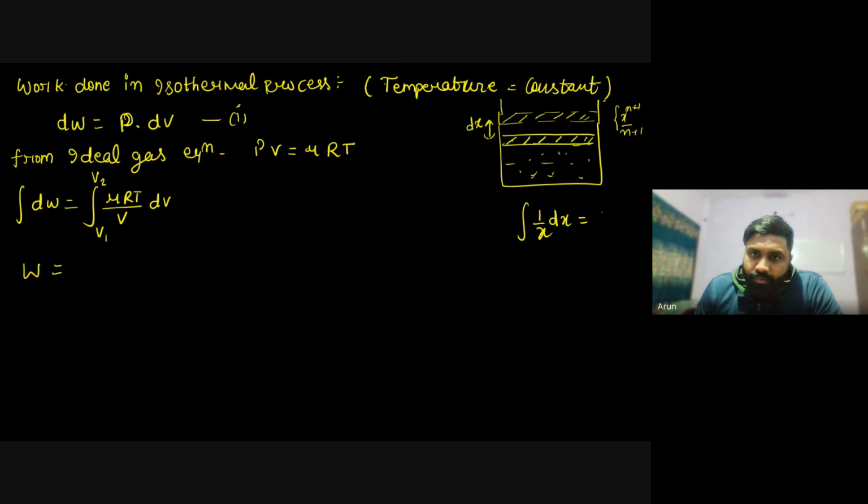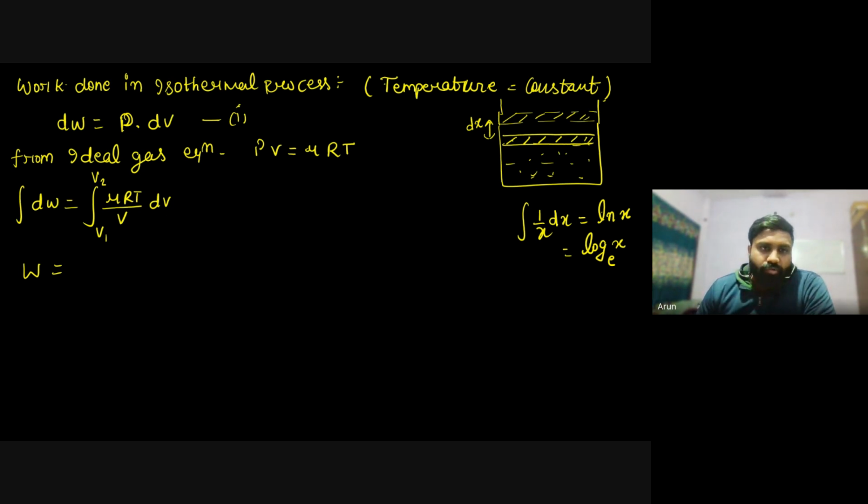If you put the value of x raised to the power minus 1 here, it will become 0. So 1 by x is not given by this formula. Integration of 1 by x is nothing but ln x. ln, not log. It is ln, or ln x you can also write as log x on base e.